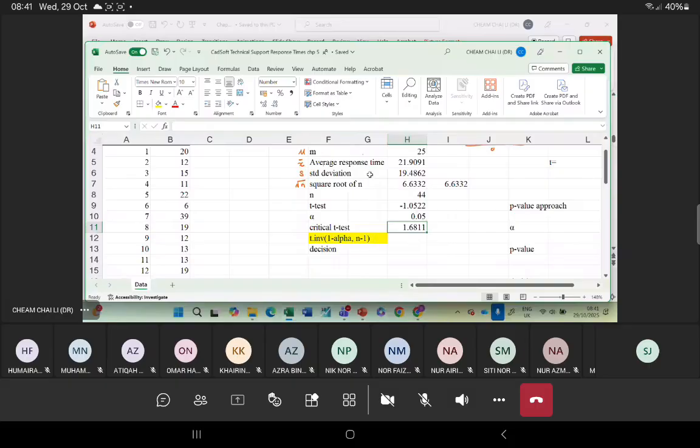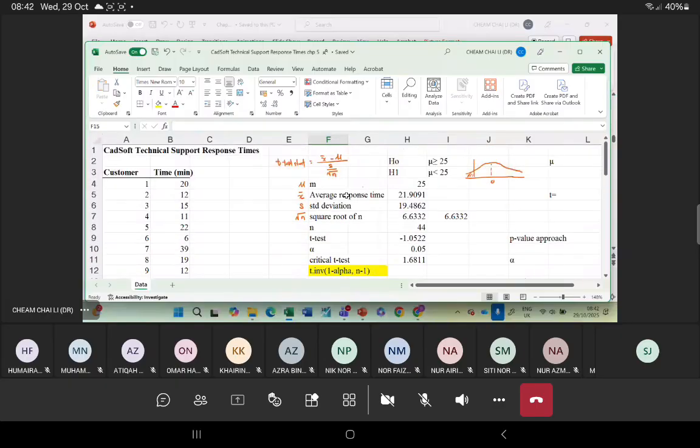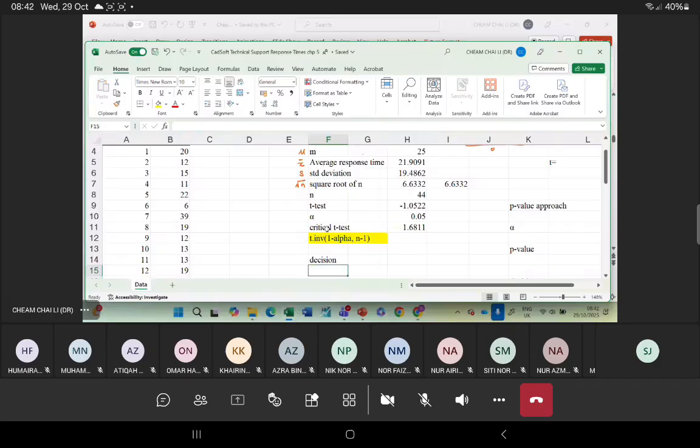Okay, to make the decision, maybe I can pindah ke bawah sikit. To make this decision, if you are using the critical value approach, starting from this part, this is the critical value approach.